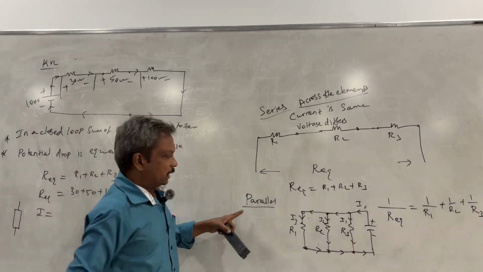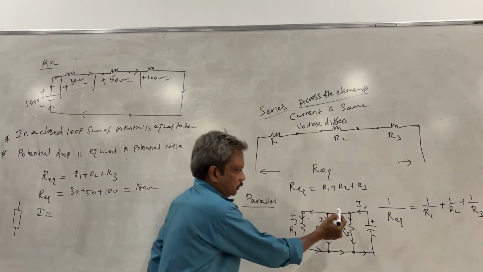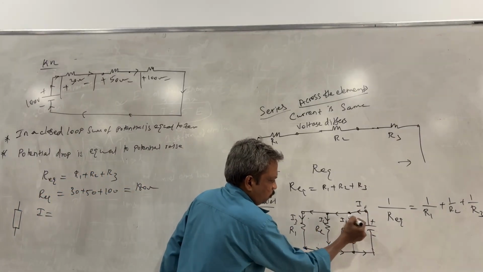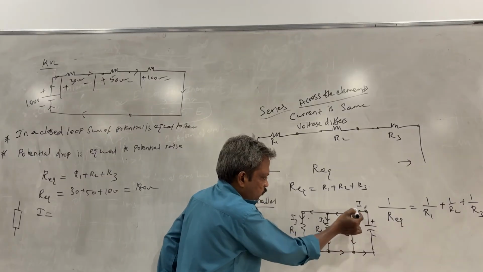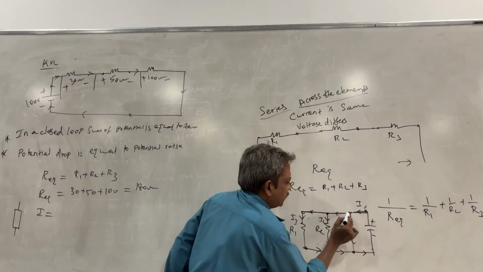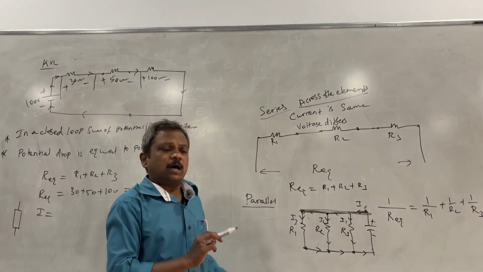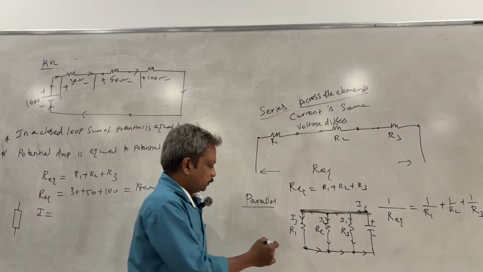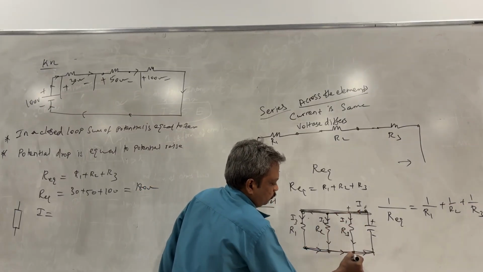So in a parallel circuit, voltage remains the same between these points, because these two points are the same. There is no component here. These two points are the same, these two points are the same. Completely a single wire is connecting, so all these points are the same. So here also the same potential is appearing.